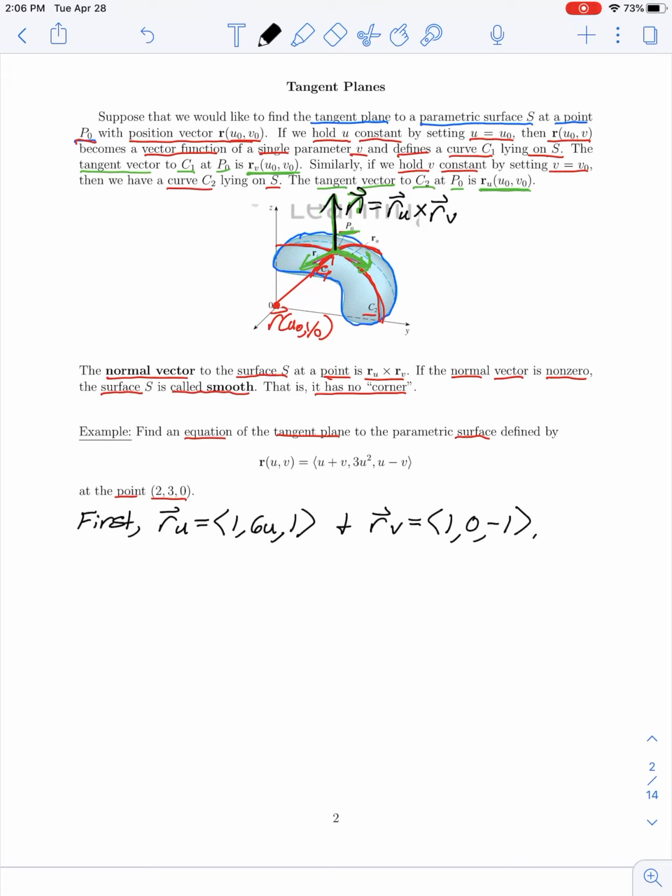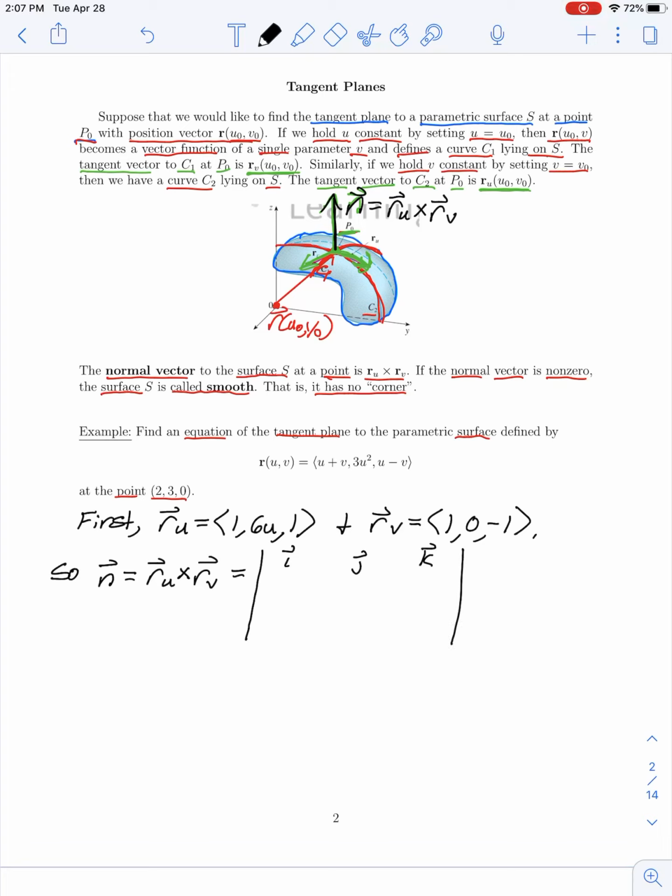So a normal vector for our tangent plane, let's call it n, is given by the cross product of these, that is r_u cross r_v. To find that cross product, we take the determinant of a 3x3 matrix whose first row consists of the standard basis vectors i, j, and k.